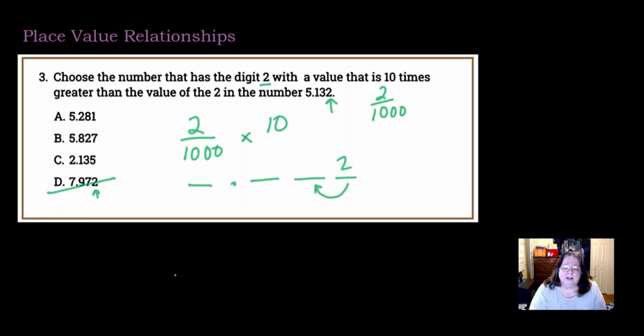Hopping one spot to the left increases the value by 10. So we're looking for a 2 that is in the hundredths place. 2's in the tenths place, 2's in the hundredths place. Now we're not talking about the whole number increasing by a value of 10. We're talking about this one little digit. This digit here is in the thousandths place. That digit has moved to the hundredths place. A hundredth is 10 times bigger than a thousandth. 2 hundredths is 10 times bigger than 2 thousandths.